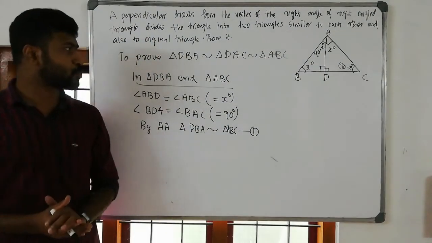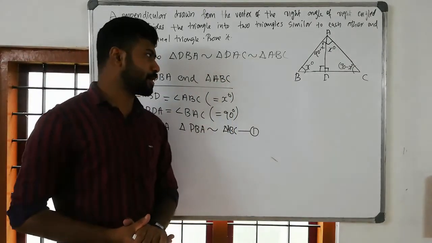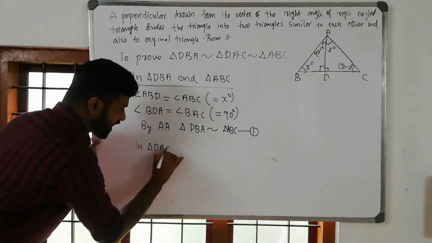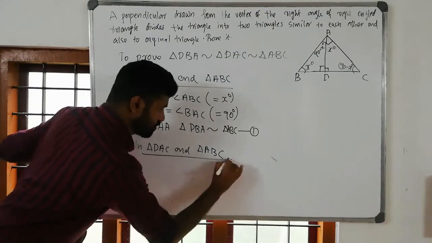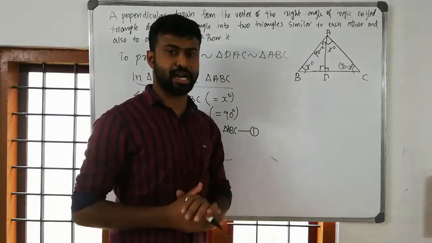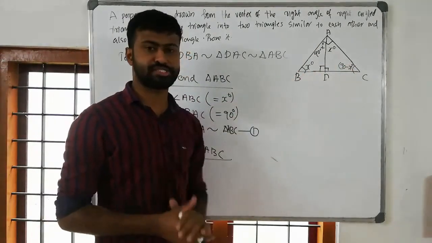Next we are going to prove triangle DAC is similar to triangle ABC. For that, consider triangle DAC and triangle ABC. In triangle DAC, angle ADC is 90 degree. In triangle ABC, angle BAC is 90 degree.